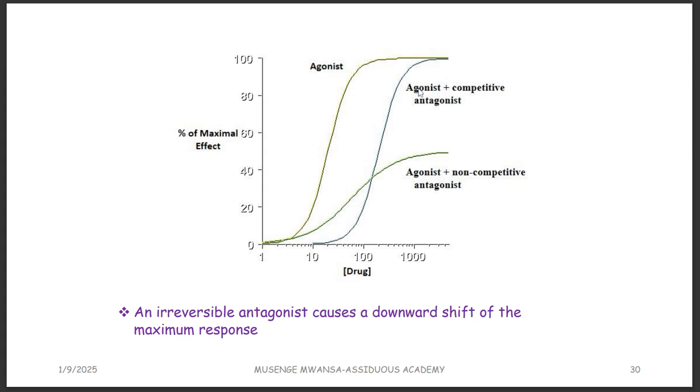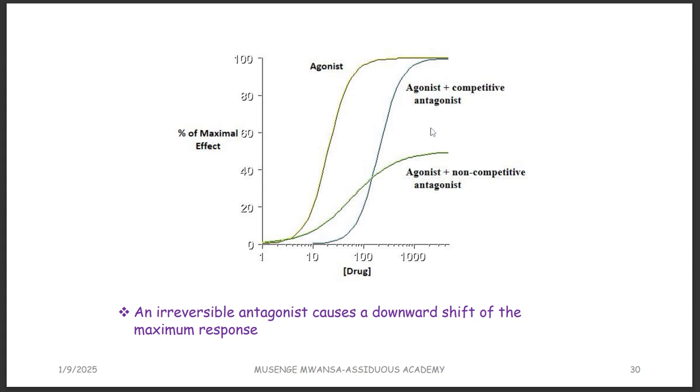Competitive antagonists are going to reduce the potency of the agonist. Non-competitive antagonists are going to reduce the efficacy of the agonist. And an irreversible antagonist will cause a downward shift of the maximal response.